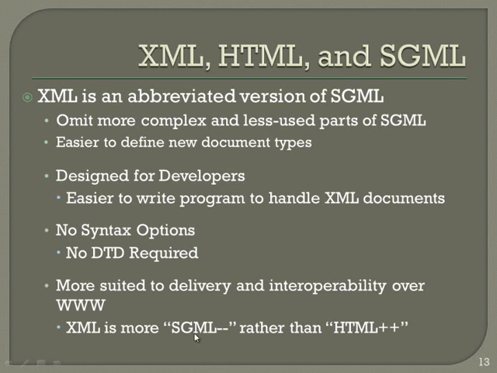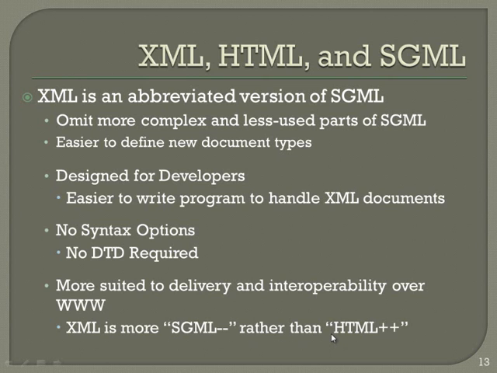The last statement, I will stop at this point. XML is more like HTML minus minus. You are very familiar with plus plus and minus minus. So you say that C plus plus is something better than C. So C plus plus is a slightly higher version of this. So HTML plus plus means something more than HTML. XML is not HTML plus plus. So don't think that XML is something that's going to replace HTML.